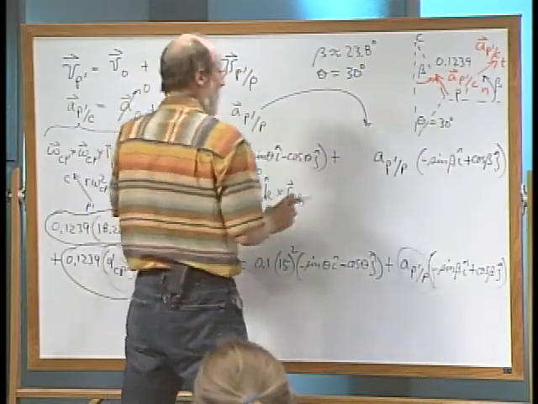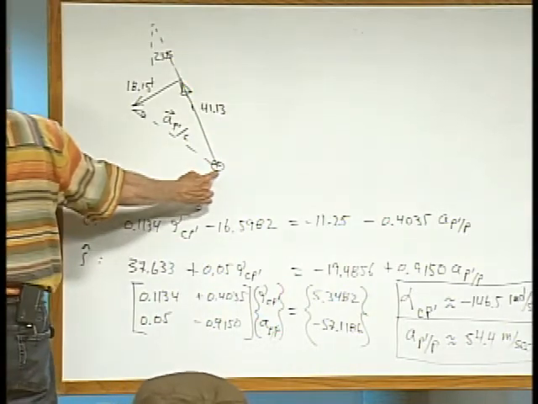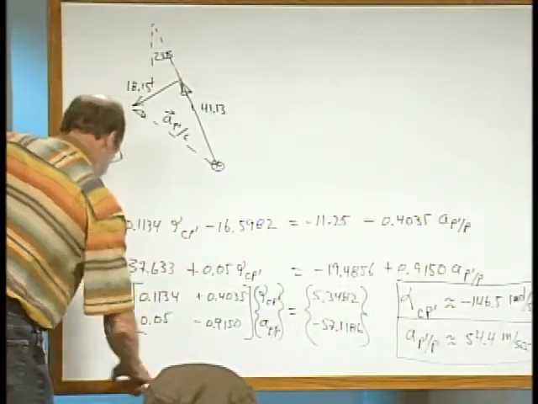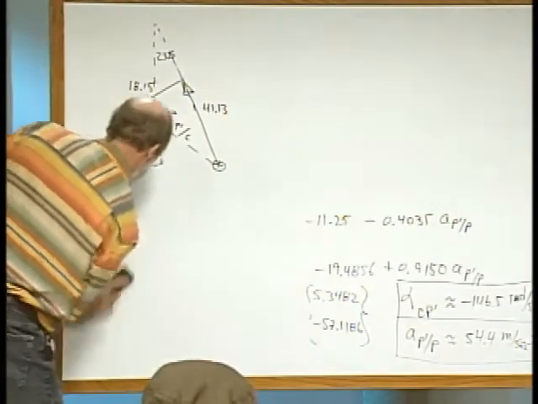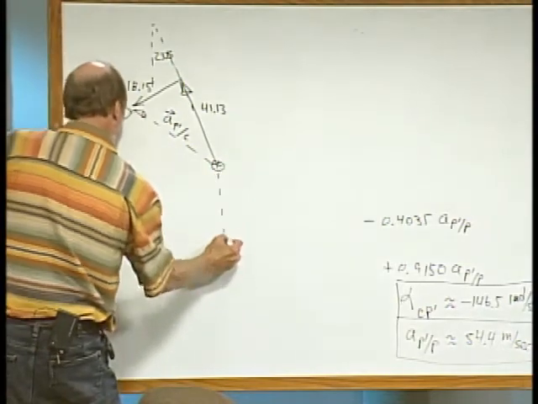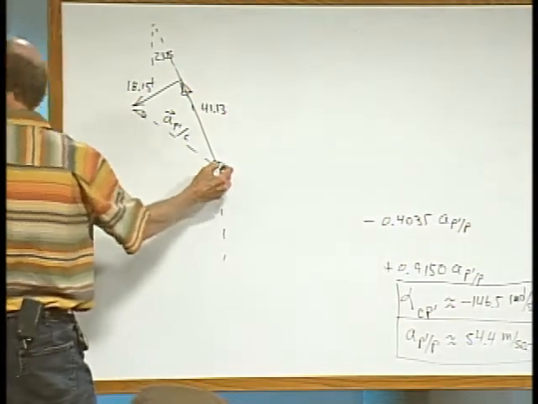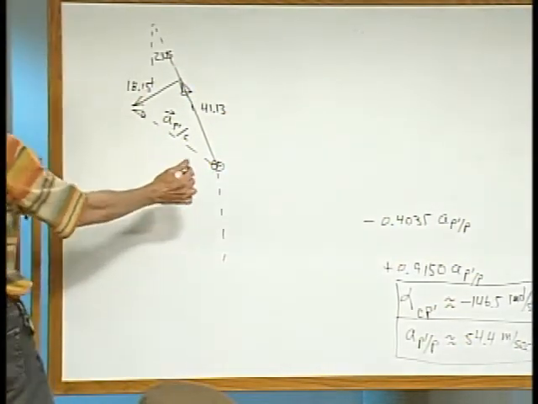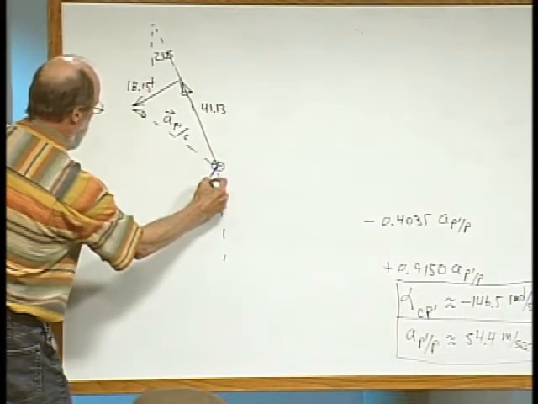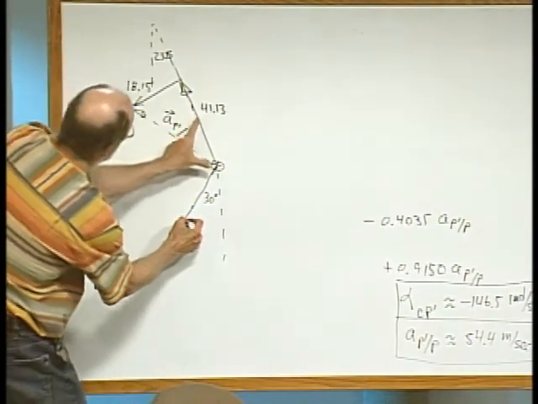Then the right side of our equation, we come back to the pole, and we now want to go acceleration of P relative to O. P relative to O has to be at 30 degrees off of vertical and pointing back down this way towards O. I'm doing this guy right here, and that has to be 22.5 at 30 degrees. 22.5 would be about that long.